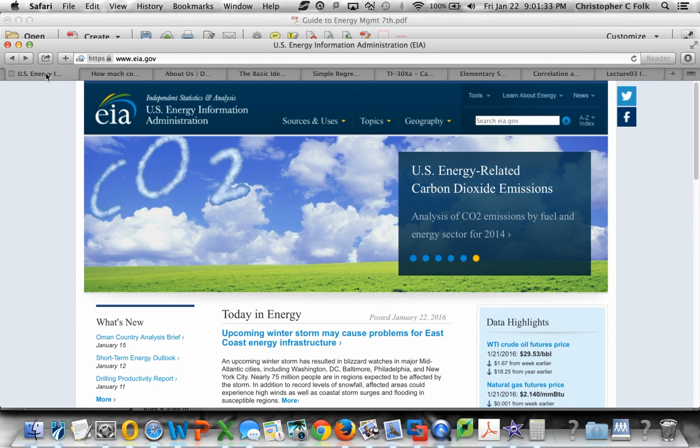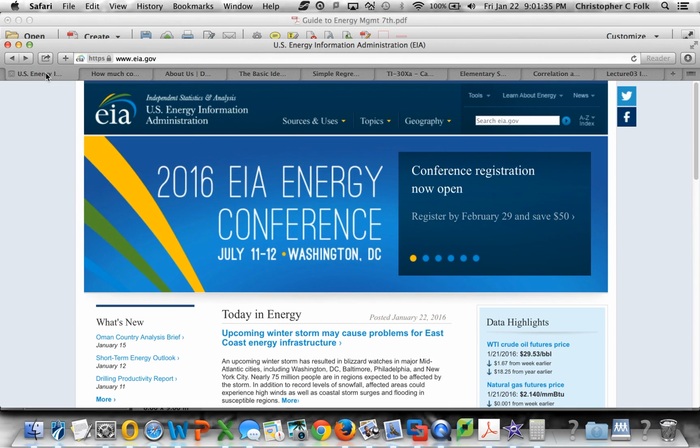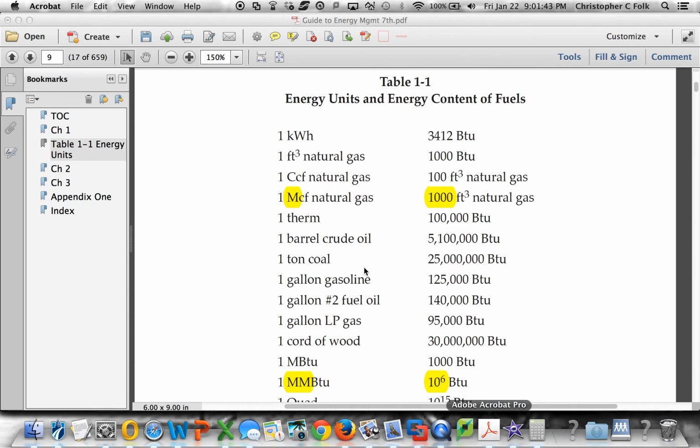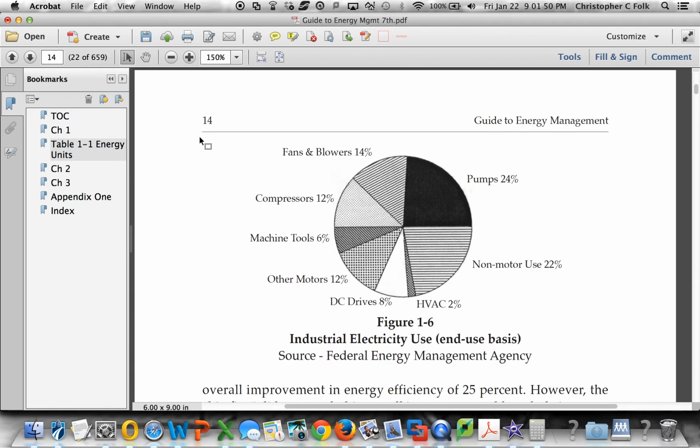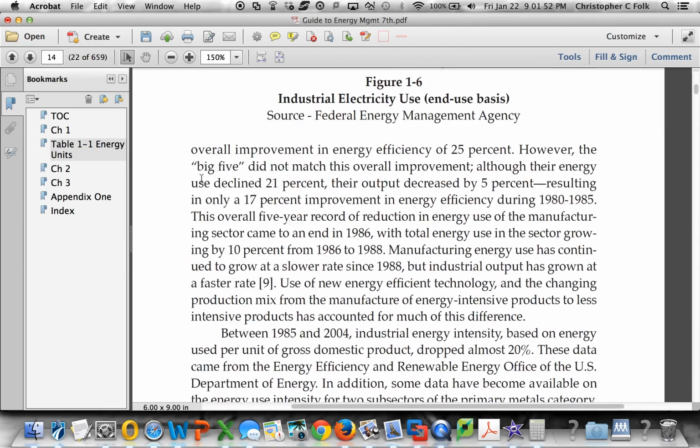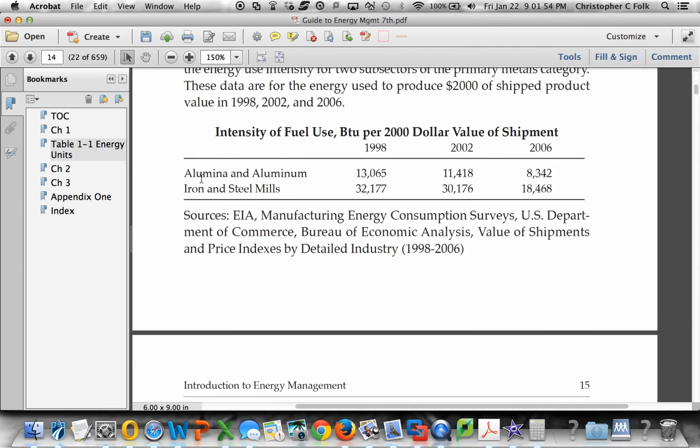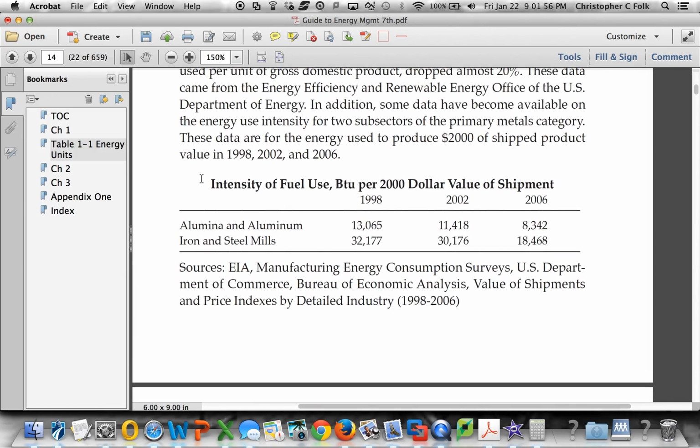When I was looking at these websites, I saw all this data, and a lot of it looked old. And it'd make you think, well, geez, what do I need this old information for? Well, if we look in the book on pages 14 and 15, we're going to see some charts. Down near the bottom on 14, it shows the intensity of fuel use, BTU per $2,000 value of shipment.